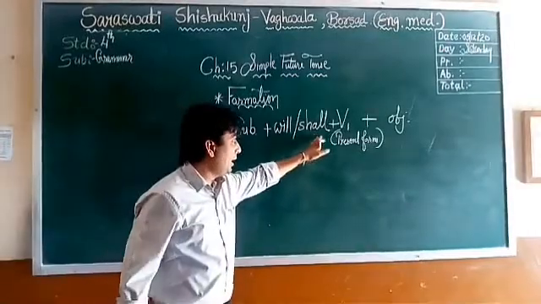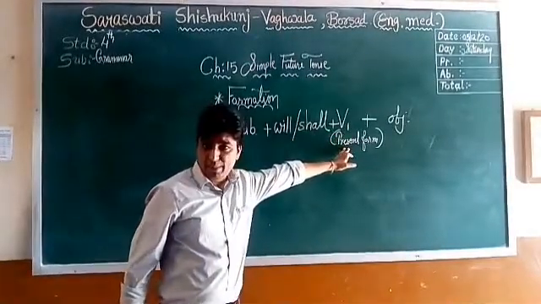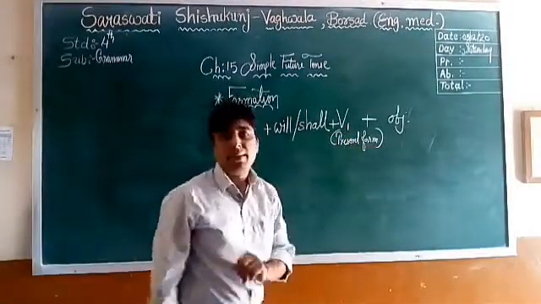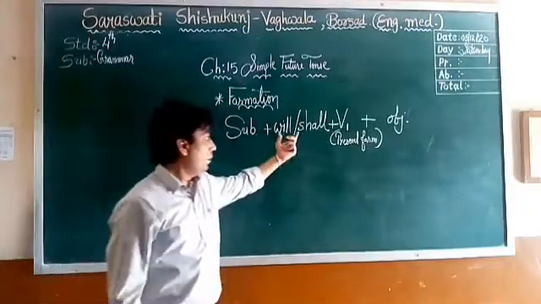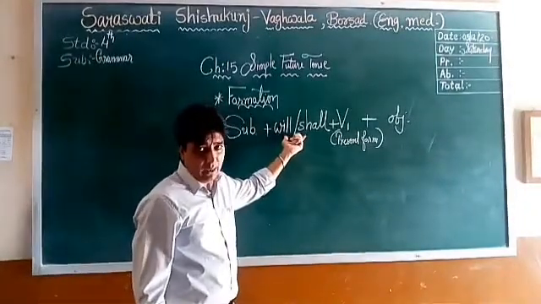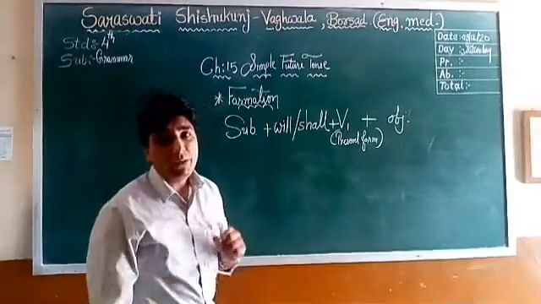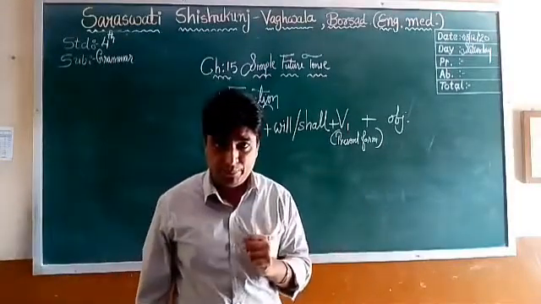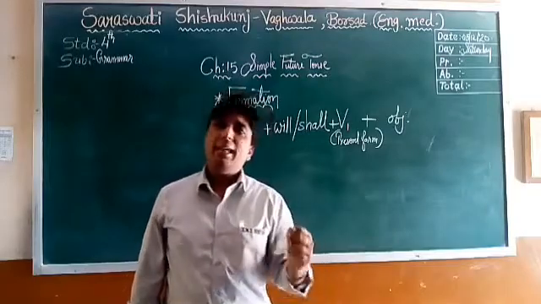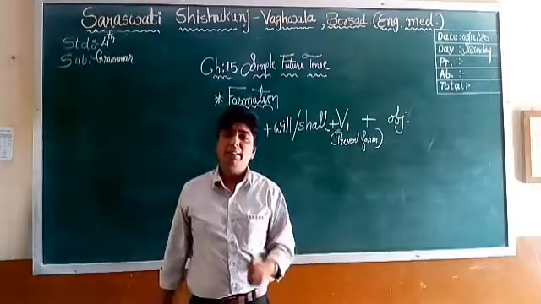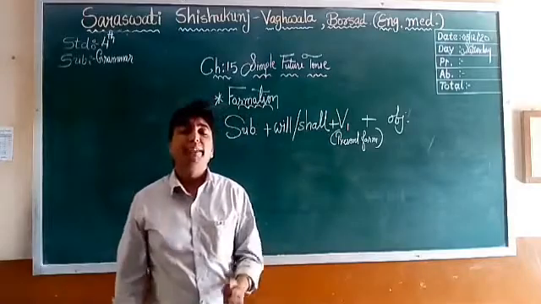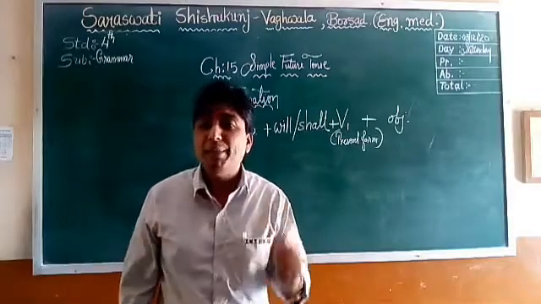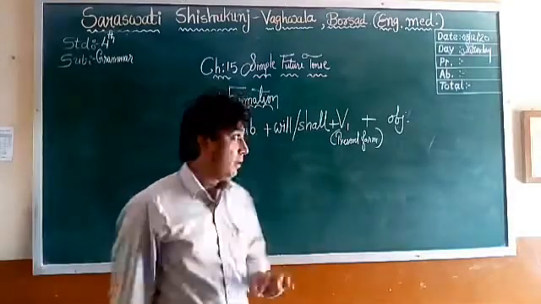Subject will or shall plus verb 1, which means the present form of the verb, plus object. Remember one thing: without will or shall we cannot frame a sentence in simple future tense. But in our modern era, these days, people are using only the helping verb will.